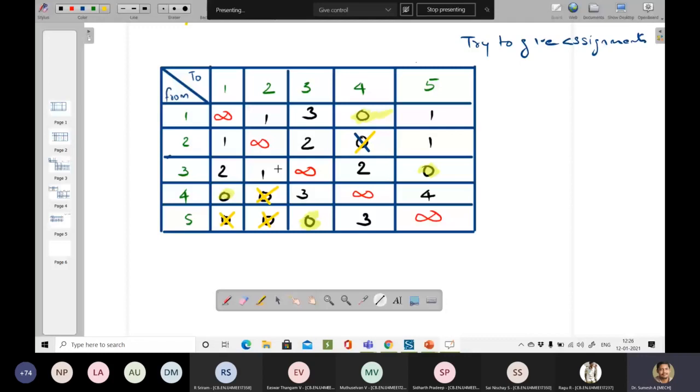Here one row or column is unassigned. When it is unassigned, what will you do?